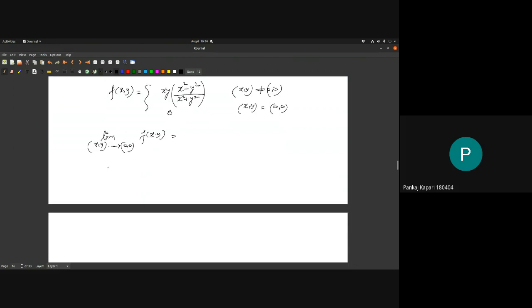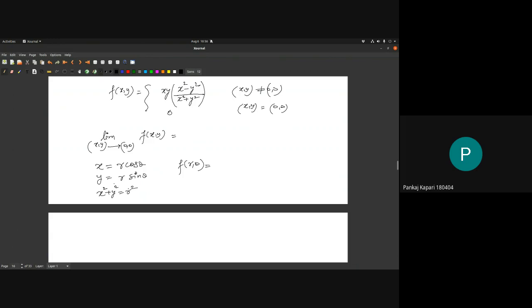Let's find what this function is in polar coordinates. For polar coordinates, we put x equal to r cos theta and y equal to r sin theta. Then, as a function of r comma theta, what is this function? First note that x square plus y square becomes r square.